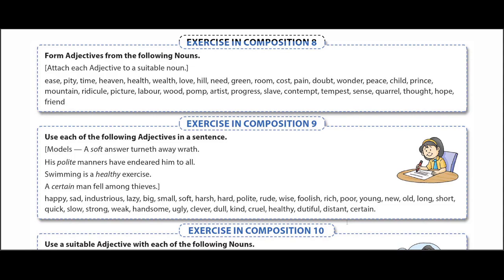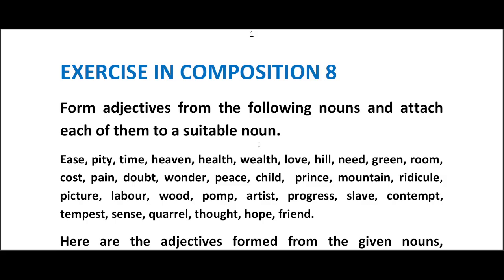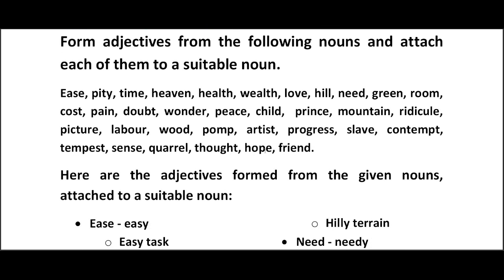So after we have formed adjectives from these nouns, we will have to attach a noun with those adjectives. Look, form adjectives from the following nouns and attach each of them to a suitable noun. Ease, pity, time, and all these nouns have been given. And we are supposed to form adjectives and then attach those adjectives with nouns.